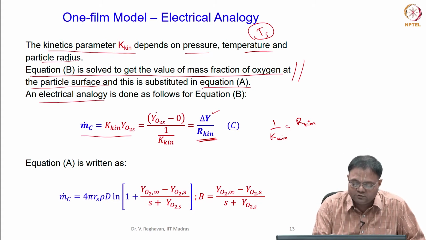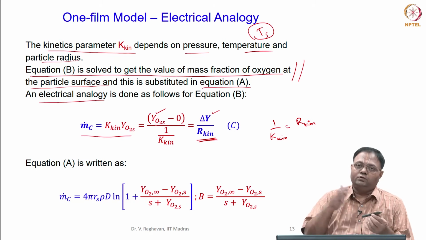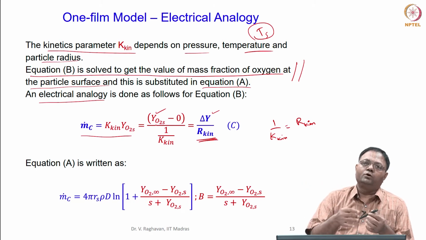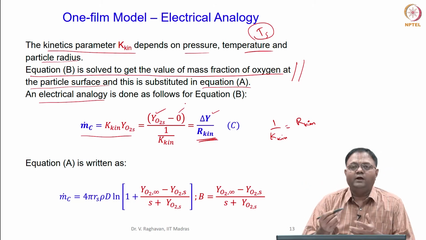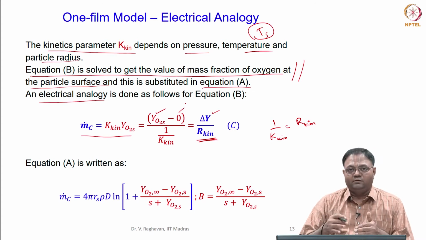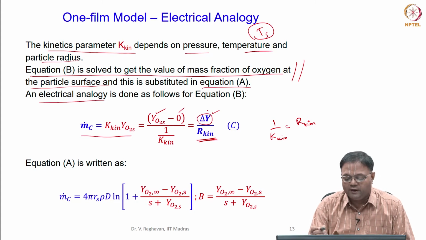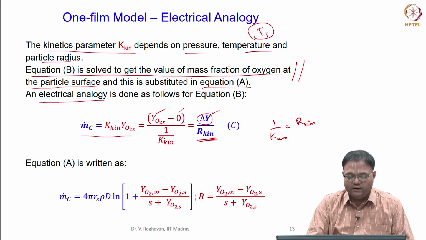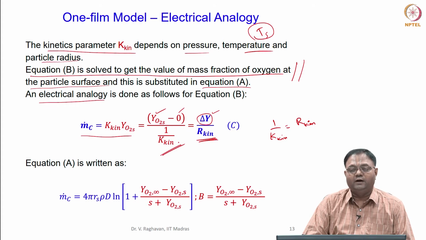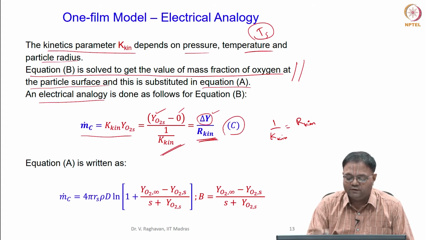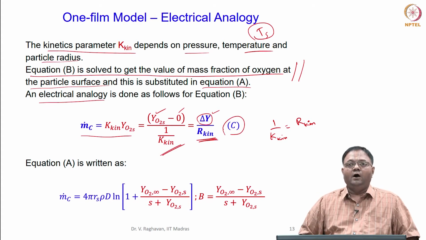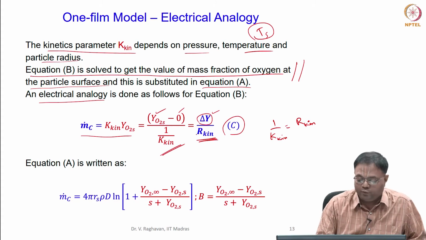So how fast the oxygen which is coming to the surface is consumed: if the kinetics is higher, it will consume fast. So this is like a delta y, the gradient, divided by the resistance, which is the inverse of the coefficient of kinetics. So I can write this as equation C.